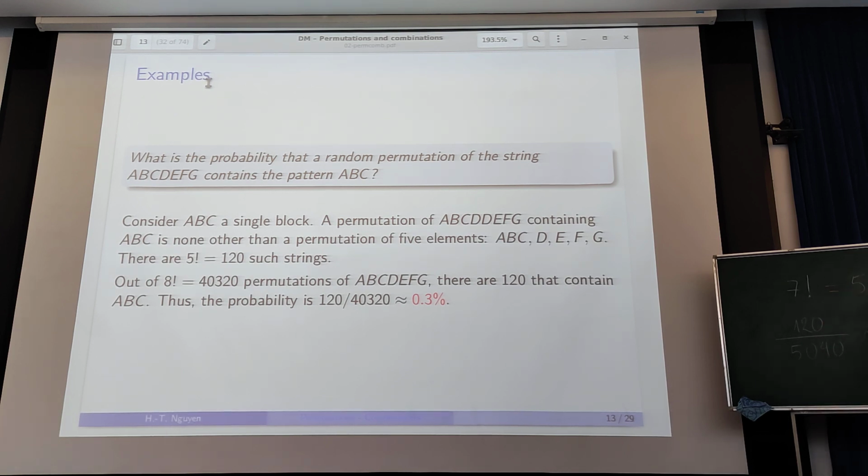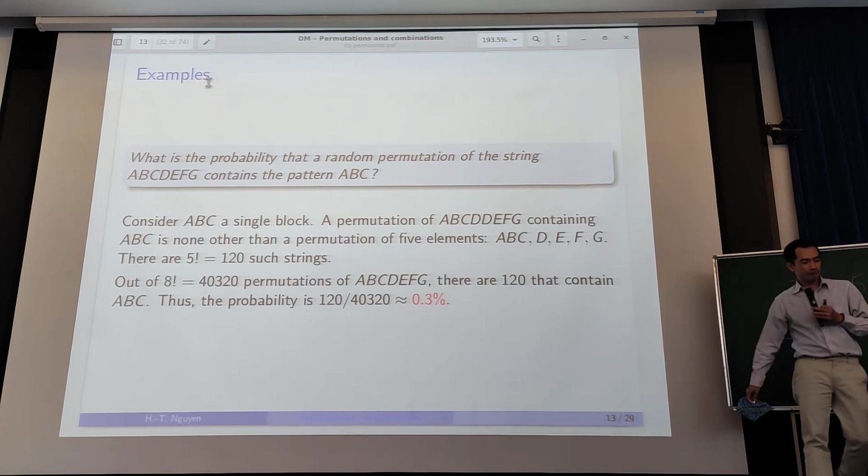If you want an estimation, it should be roughly 240 divided by this, so that makes roughly 2.4%, okay?